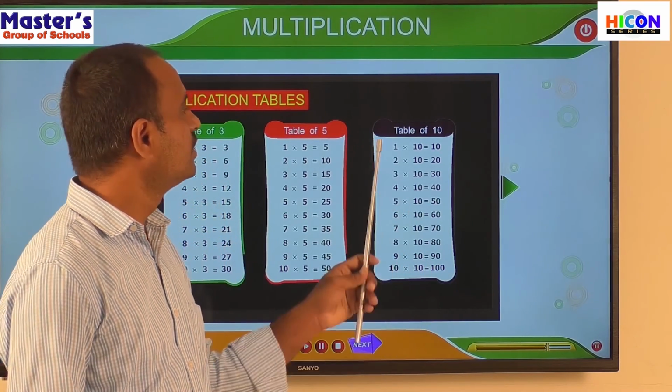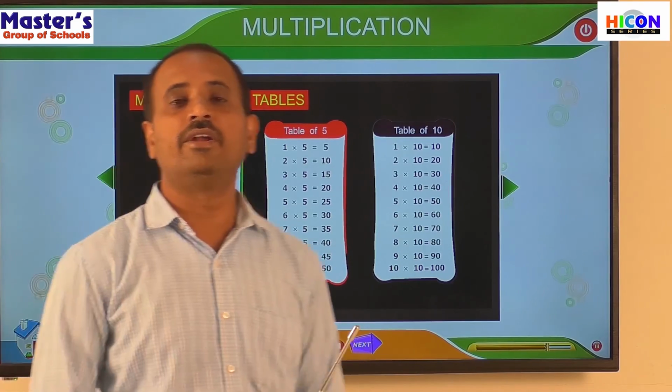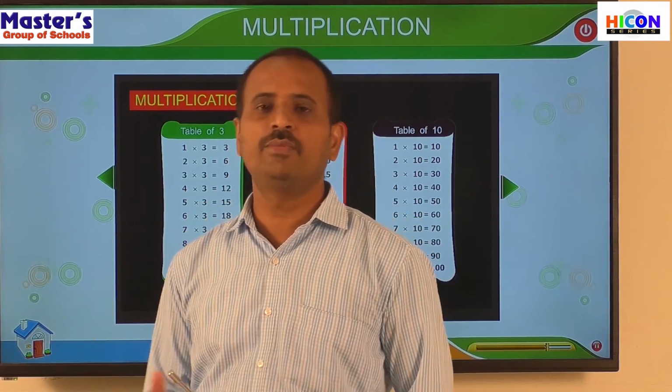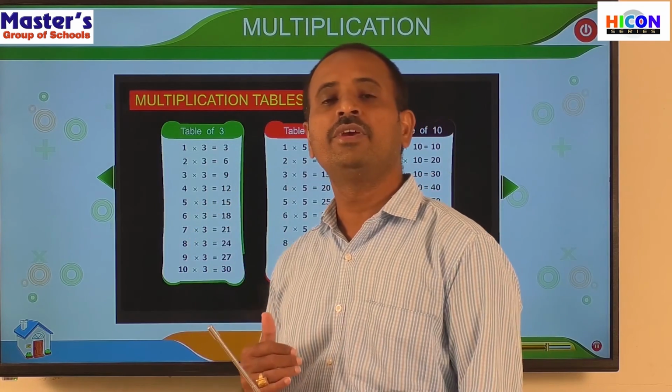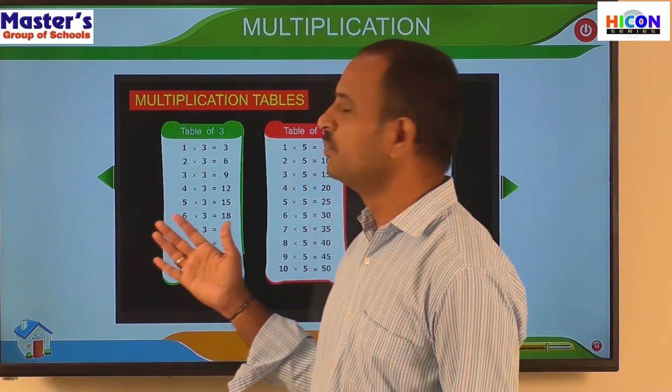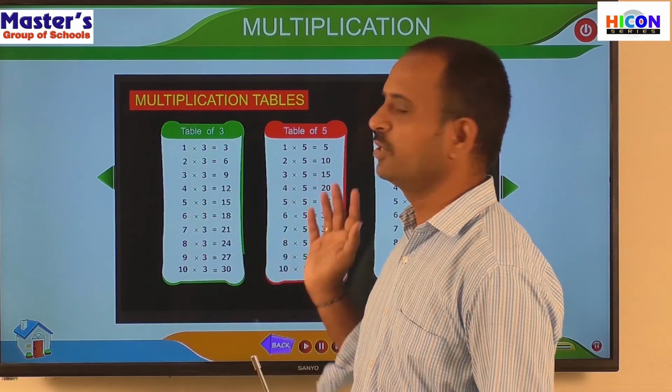So children, this is how we have to read the tables. Listen carefully, I have read the tables. In the same way, you have to read the tables as I have read them.